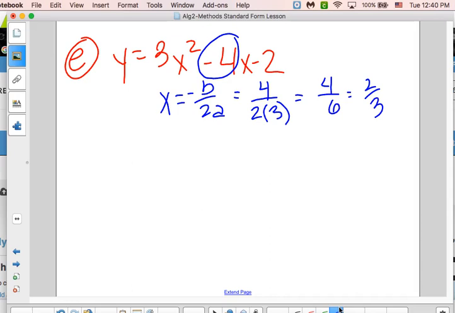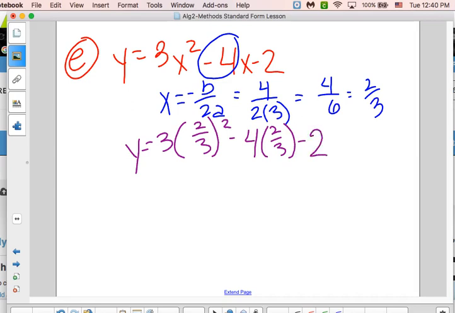How do you find the y value that goes with it? You still have to square it first. The nice thing about when you square a fraction, what do you think it's the square, top, bottom, or both? Both. So this is really just 2 squared is 4, 3 squared is 9. So squaring a fraction isn't bad. You square both parts.